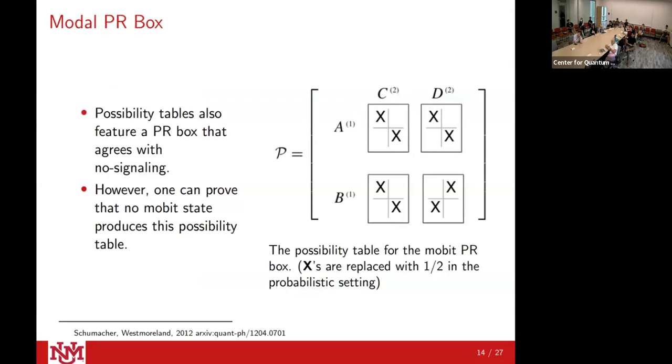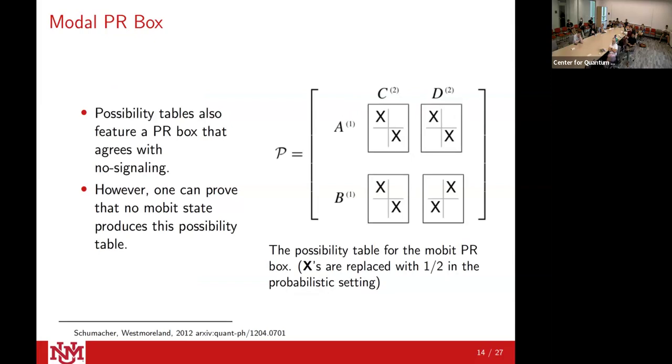What's interesting is, with no signaling, kind of like Paul mentioned, we can still write down a PR box, this would be the modal PR box. You would replace the X's with a 1/2 probability. So is there such a thing as modal entanglement?